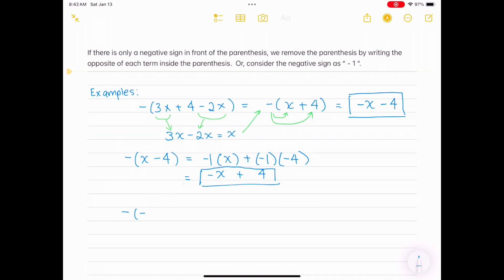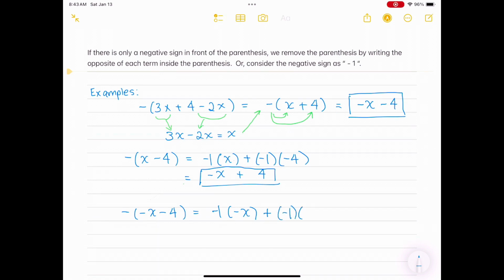Next example. Negative, open parenthesis, -x minus 4, close parenthesis. I treat the negative sign outside the parenthesis as if it is -1, and using the distributive property, I multiply -1 with each term within the parenthesis.